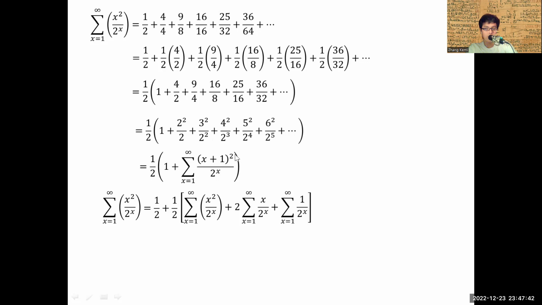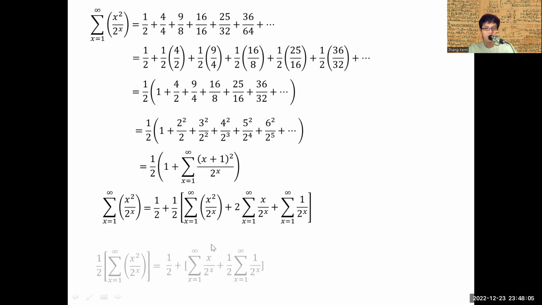If I expand, you get these 3 terms, and the denominator remains as 2 to the power of x. I can split this entire sum into 3 different sums, and you can see them over here. This is just broken down from what we saw earlier, and the half remains as half.